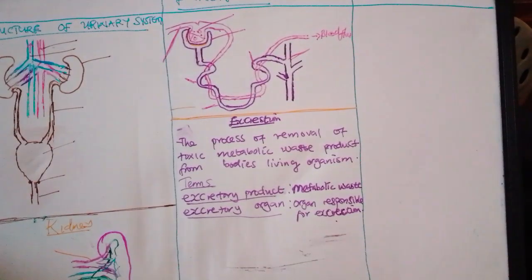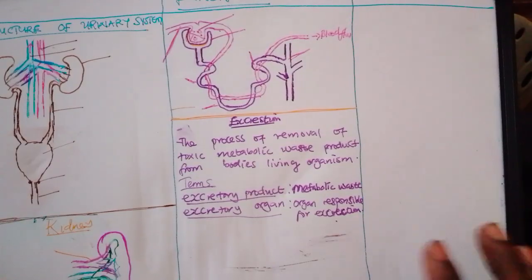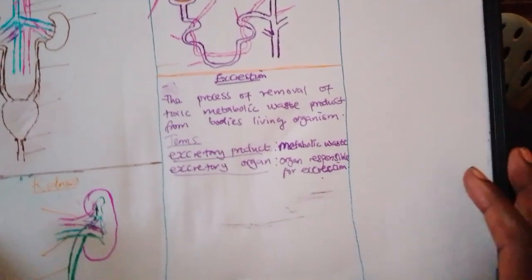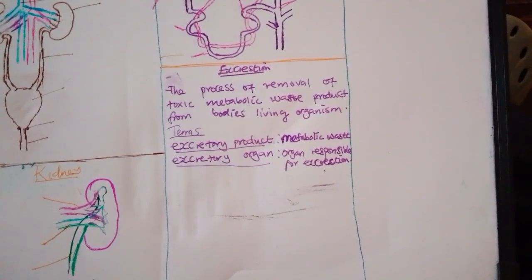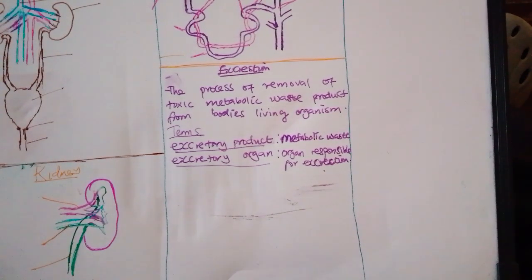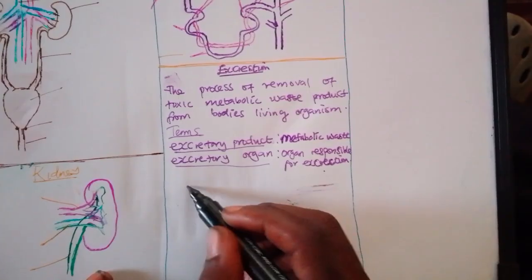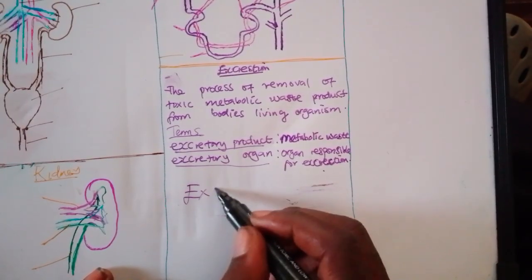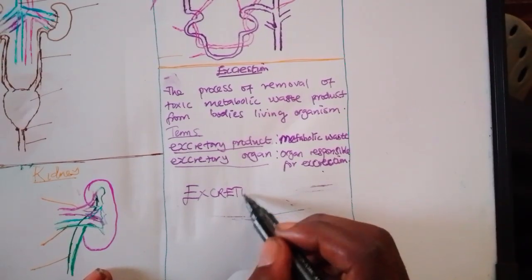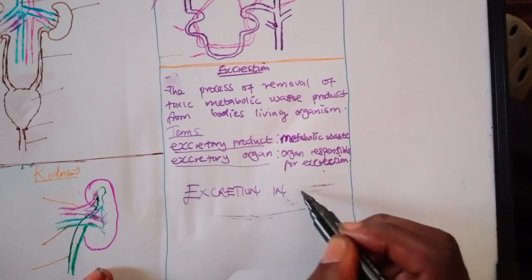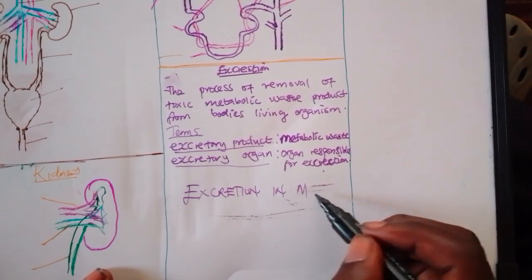So now that we have talked about what excretion is and the two terms which you need to be familiar with whenever you are dealing with excretion, we are going to look at excretion in mammals.